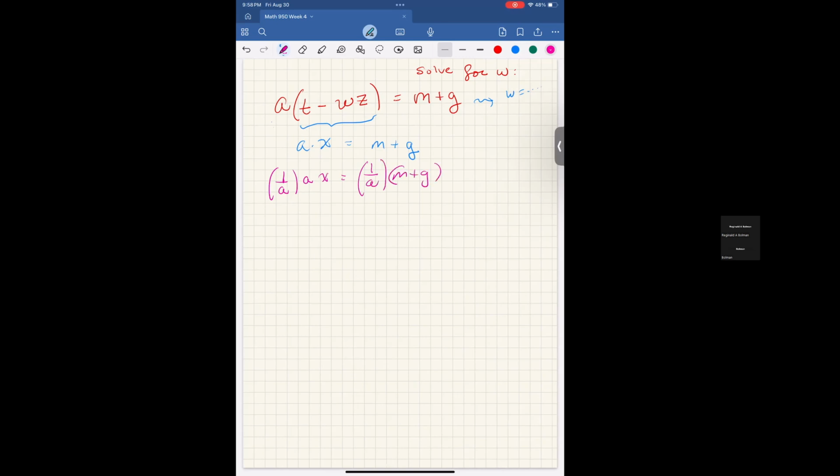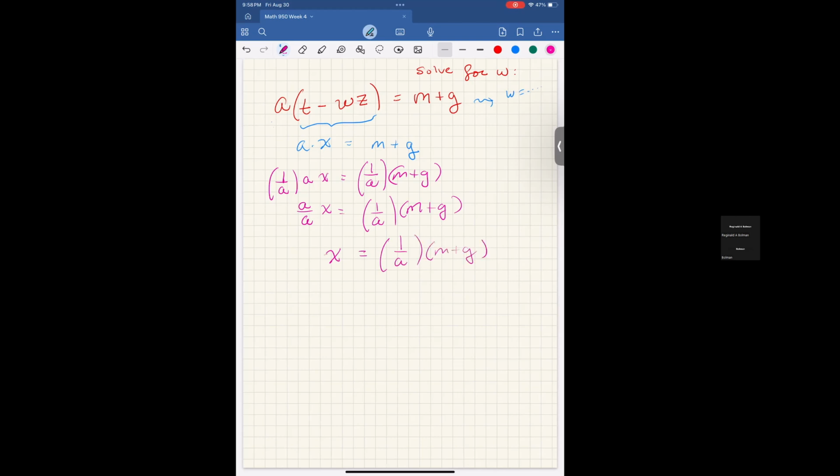And you have to do that very, very carefully, just like the previous problem. You can't do this all willy-nilly. I can't multiply the 1 over a just by the m term. I can't multiply it by the g term. I have to multiply it by both those terms added together, just like I've done here. So don't go super fast, otherwise you'll mess that step up. And we get x by itself is equal to 1 over a times m plus g.